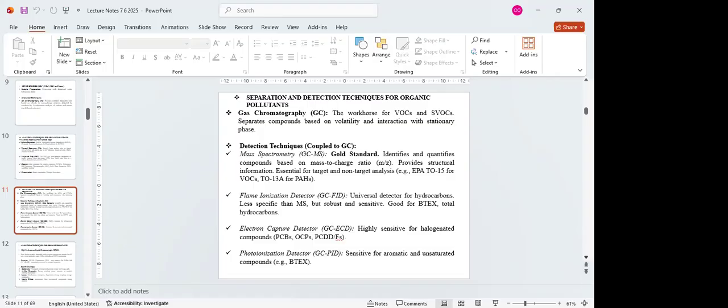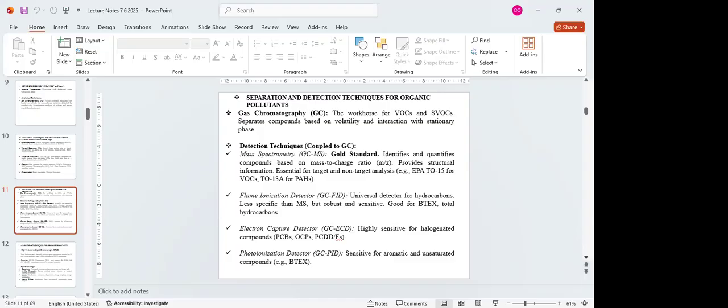Now, some examples are listed here for us, and we know that it's basically for both target and non-target analysis. Now, the other detector is the flame ionization detector, which is also coupled with the GC.